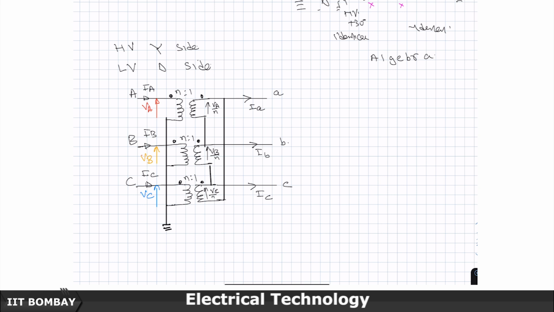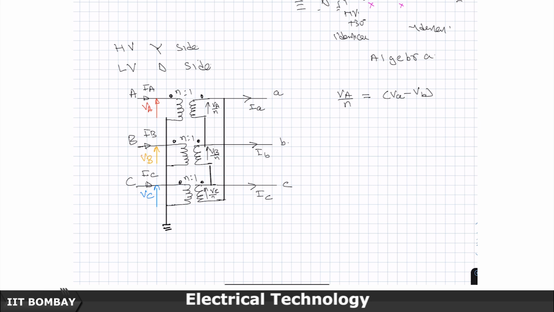So, what is this terminal at? Potential vb. What is this terminal at? Potential va. So, what is the difference here? va minus vb, and you know that these two voltages, being transformer voltages, are exactly in phase, and this is VA by N. So, therefore, VA by N becomes equal to va minus vb.